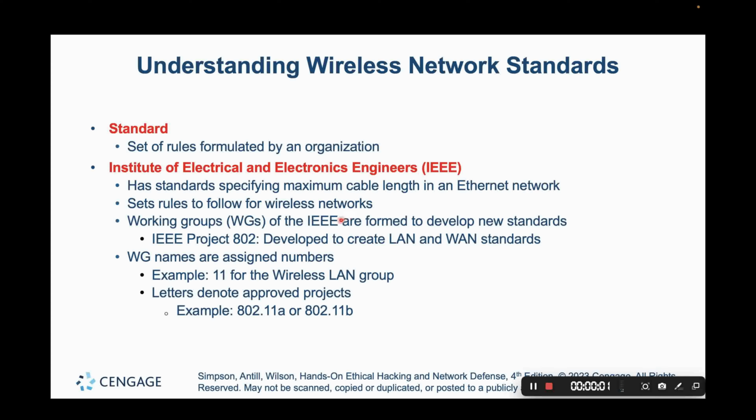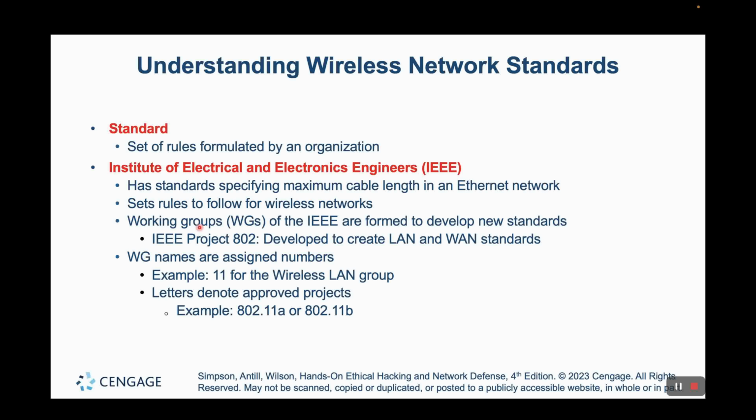Okay, so let's talk about wireless network standards. A standard means there are a bunch of rules formulated by an organization that you must follow. In this example, we see that the Institute of Electrical and Electronics Engineers, IEEE, has its own standards, for example, the maximum cable length in an Ethernet network, and they have their own rules for wireless networks.